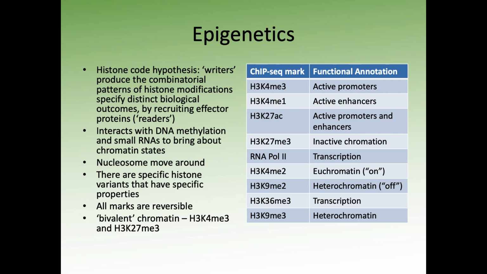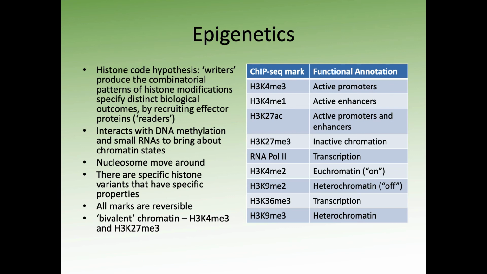In addition to this, there are hypotheses about how this code works. One of them is the histone code hypothesis that says writers produce the combinatorial patterns of histone modifications that specify distinct biological outcomes by recruiting effector proteins or readers.